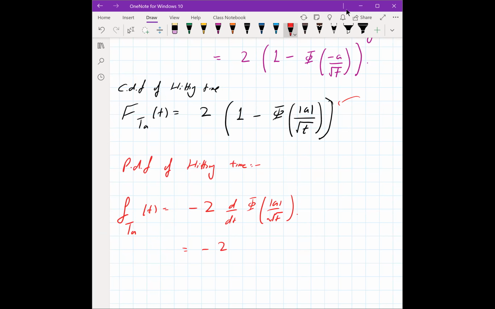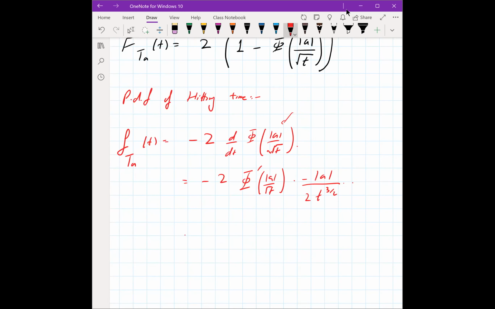So it gives you the derivative of this times the derivative of this guy with respect to time. And this is simply the PDF of the normal.